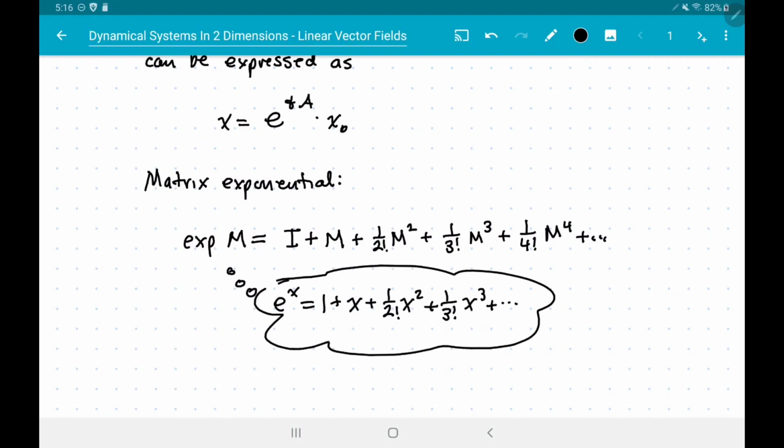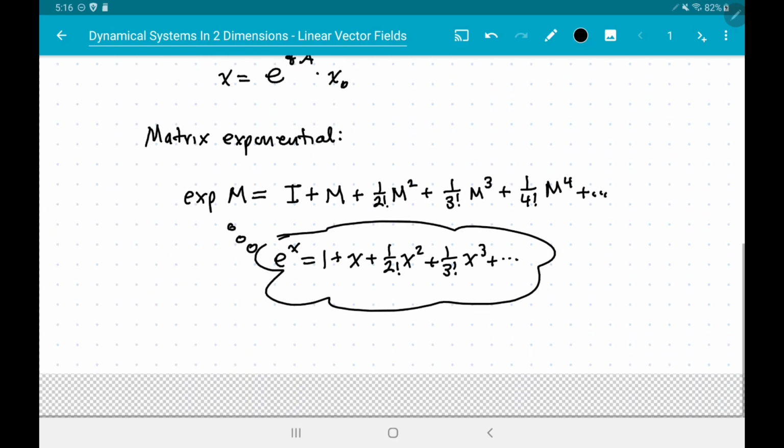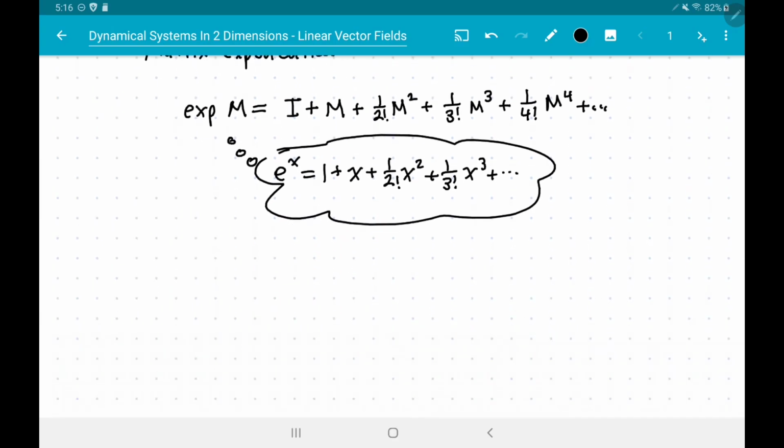You can generalize analytic functions like this. So analytic means it's expressed in terms of a power series. You can generalize analytic functions to apply to matrices as well. Now, you may be wondering, how in the world would you go about calculating something like this? Well, here's a way to do this.